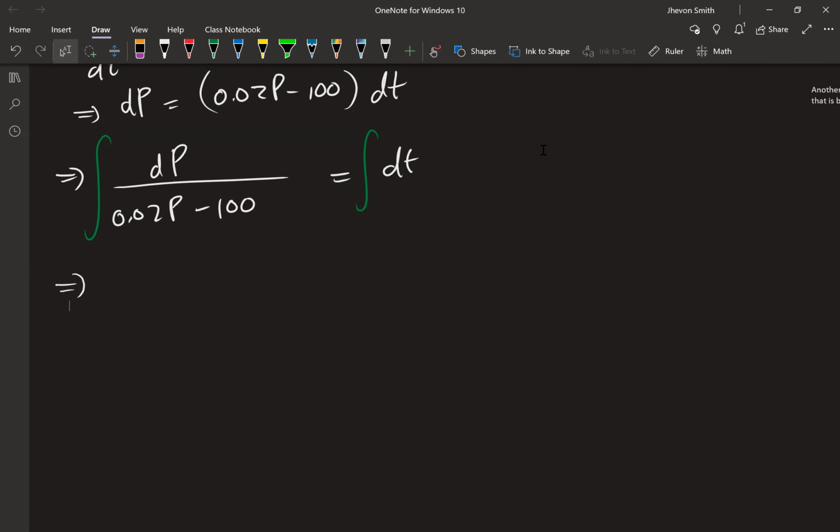Integral of left side, anybody? If you don't want to type it, you can say what it is. I know typing sometimes takes forever.